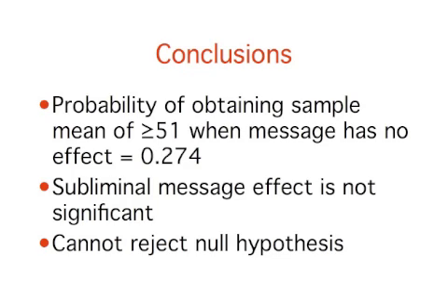The probability of 0.274 indicates that the finding might well have been due to chance, and therefore we do not reject the null hypothesis. In short, this experiment does not provide convincing evidence that subliminal messages have an effect, nor does it demonstrate that subliminal messages have no effect.